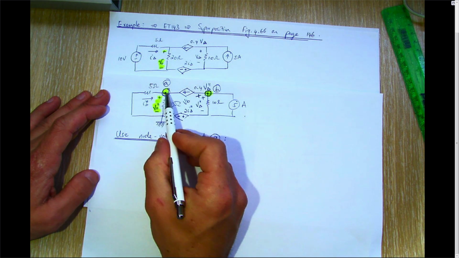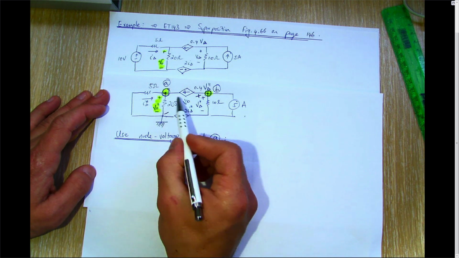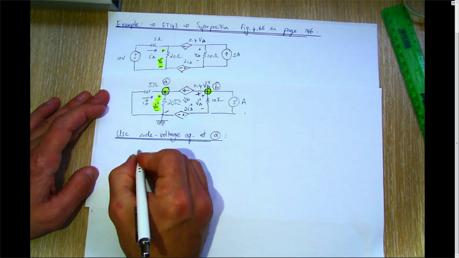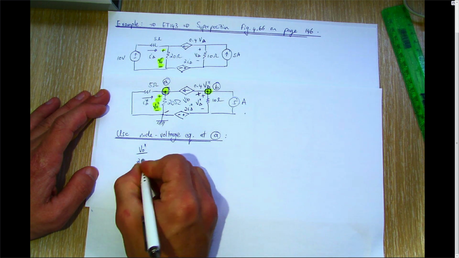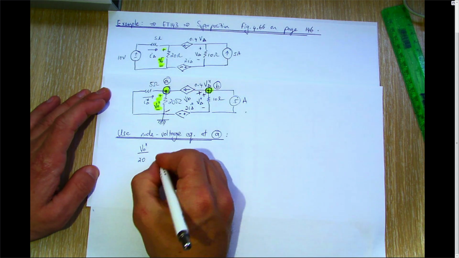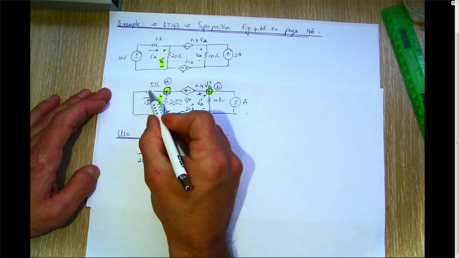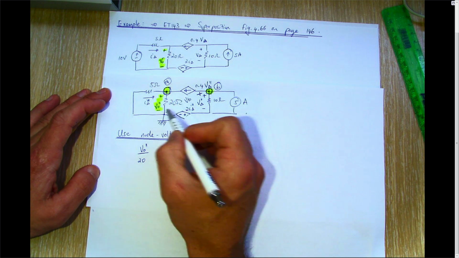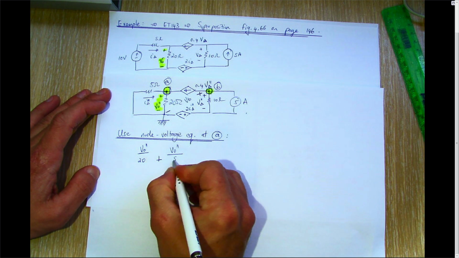Okay, so for this node A, let's say that the first current is going to flow through this 20 ohm resistor. Well, that becomes V0 prime divided by 20, plus the second current is going to flow out through this resistor 5 ohm here to ground, and this is also V0 prime divided by 5.